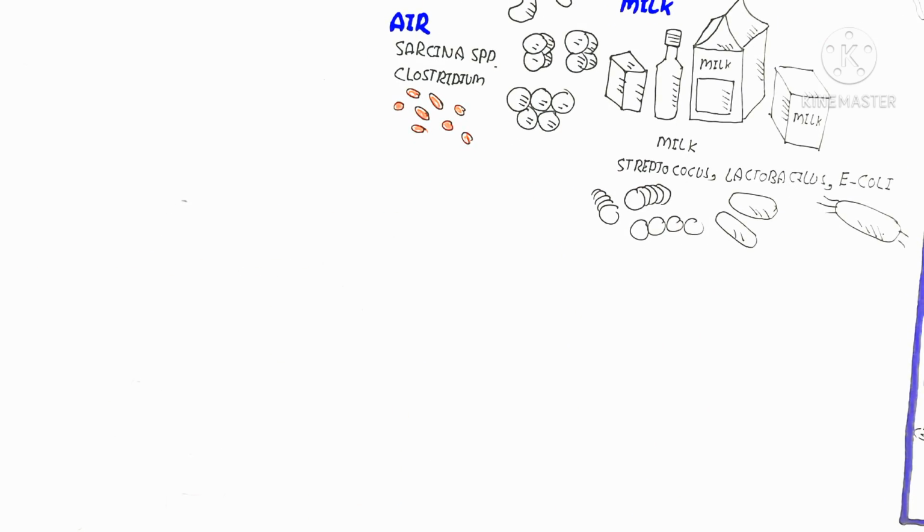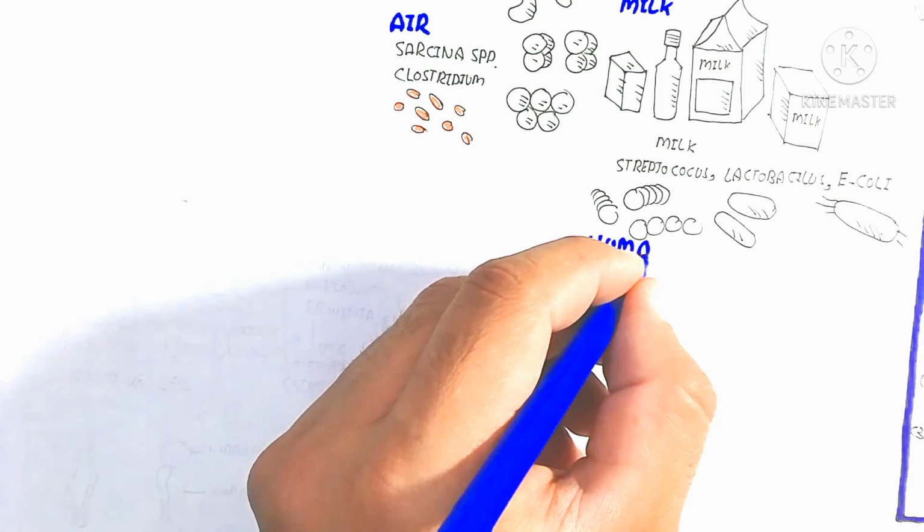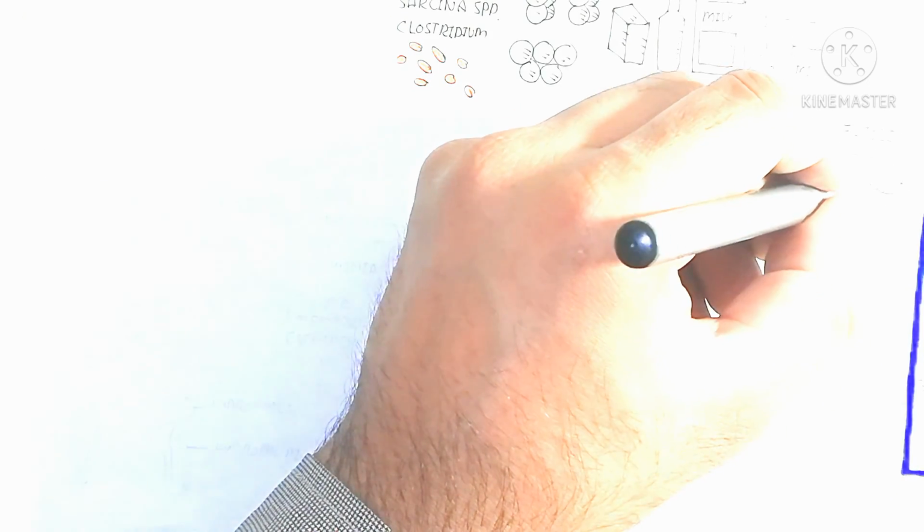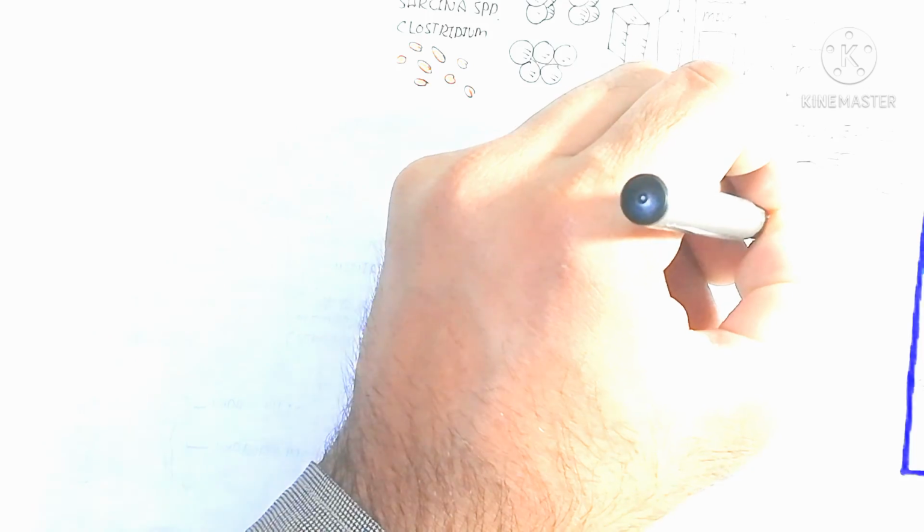Different bacteria produce different types of yogurt, depending on the company, which provides Lactobacillus type and E. coli type yogurt.